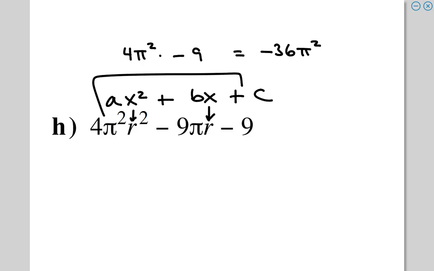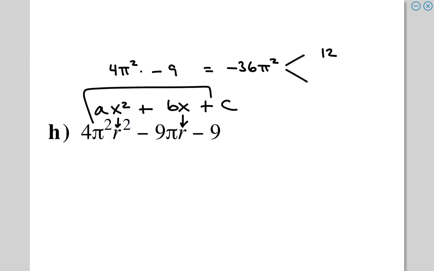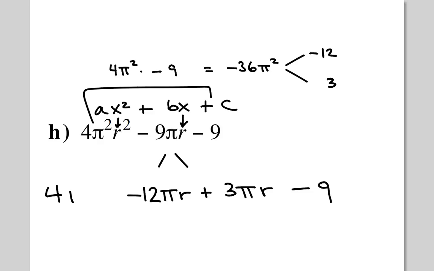What are the factors of -36? Basically, you don't even have to worry about the pi. What factors to -36 and gets you to 9? 12 and 3? Which one's negative? -12. Okay, break down this middle term as a -12 pi r plus 3 pi r, and then rewrite the front and the back.